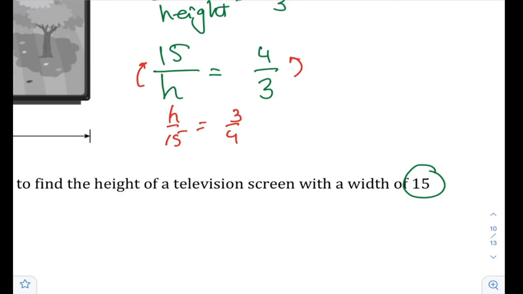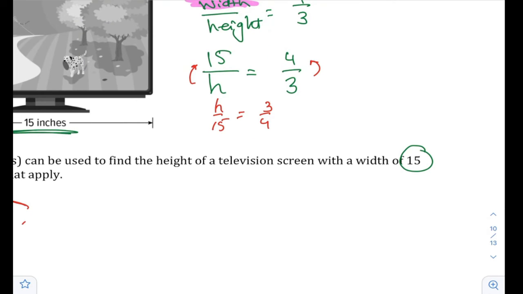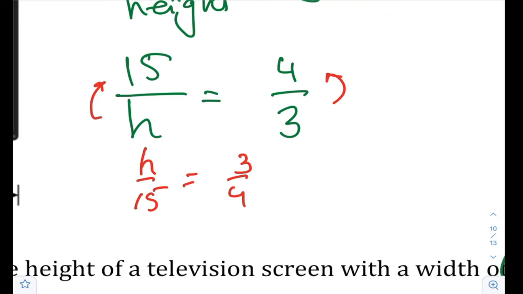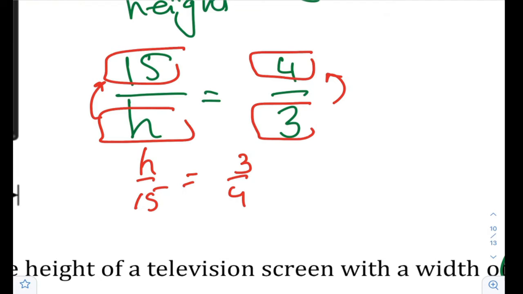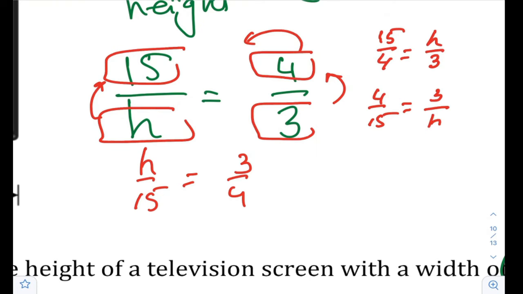Is there anything else here? No. We can say also that 15 over 4 is equal to H over 3. In order. We can say also that 4 over 15 is equal to 3 over H. All these are correct, by the way.